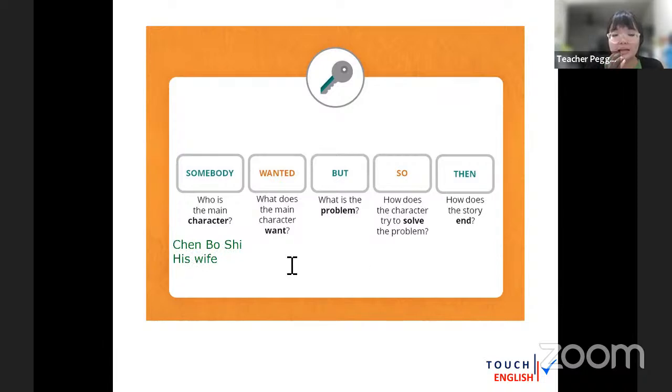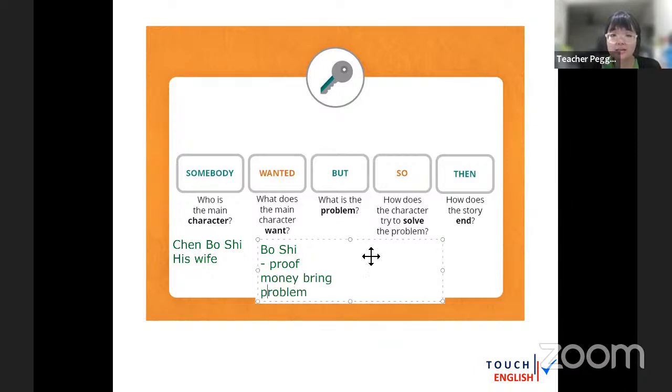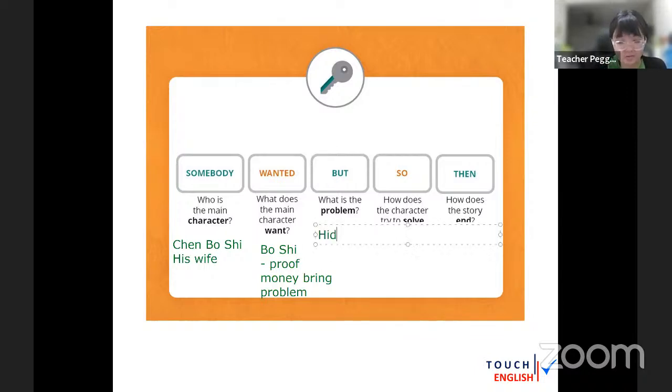Okay. So what does the main character want? Okay, Chemboshi wants to prove something, right? Wants to prove to his wife that money brings problems. Okay. So what is the problem? The problem is that his wife doesn't believe.